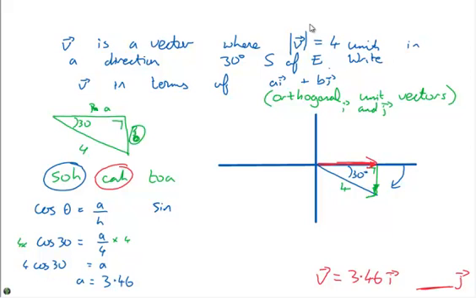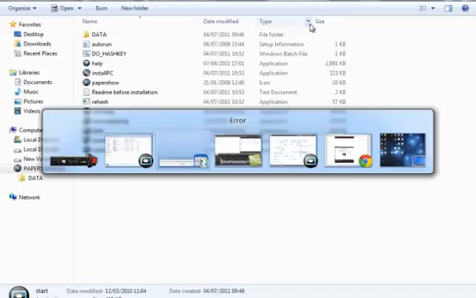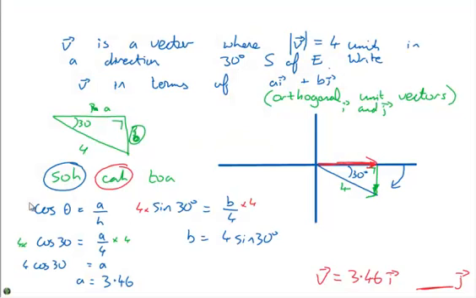So we have got sine of 30 degrees is equal to b, which is what we're looking for, over 4. Multiply both sides by 4, and we get b is equal to 4 sine 30 degrees. Now, let's get the calculator again.